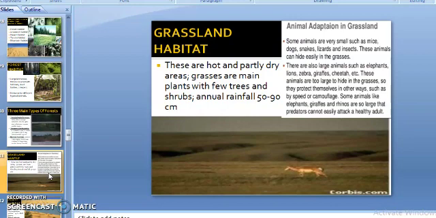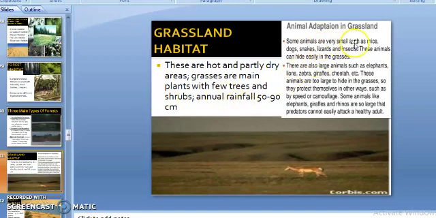Here the animals living, like zebras, giraffes, deer, buffaloes, elephants, are herbivores, and lions, tigers, hyenas and foxes are the carnivores found over here. The annual rainfall varies from 50 to 90 centimeters. Grassland provides home and food both to the herbivores and carnivores.